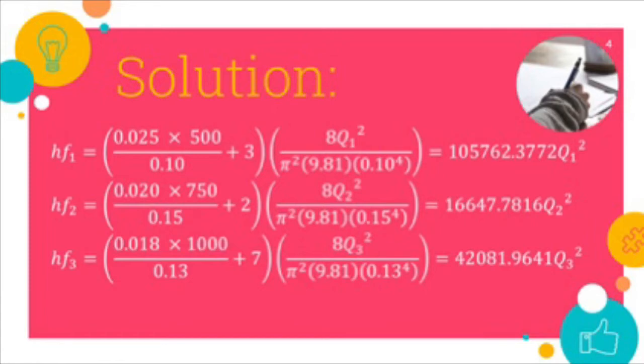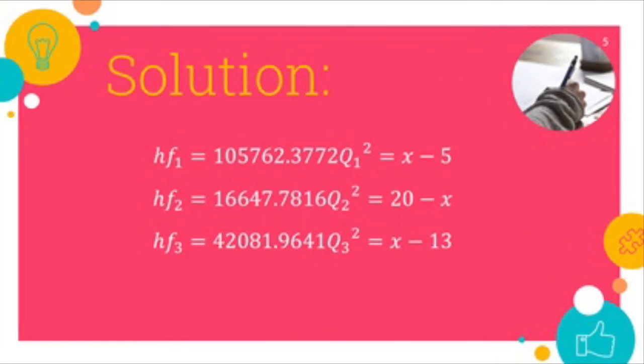So HF sub 1 is equal to 105,762.3772 Q sub 1 squared. And for HF sub 2, it is equal to 16647.7816 Q sub 2 squared. While for HF sub 3, it is equal to 42081.9641 Q sub 3 squared.